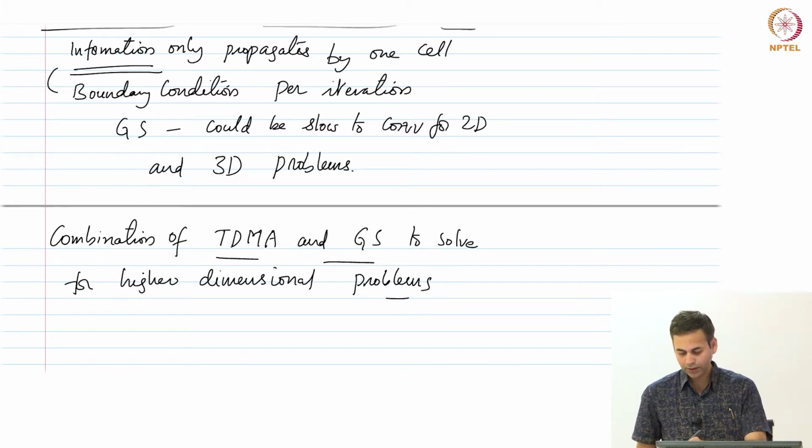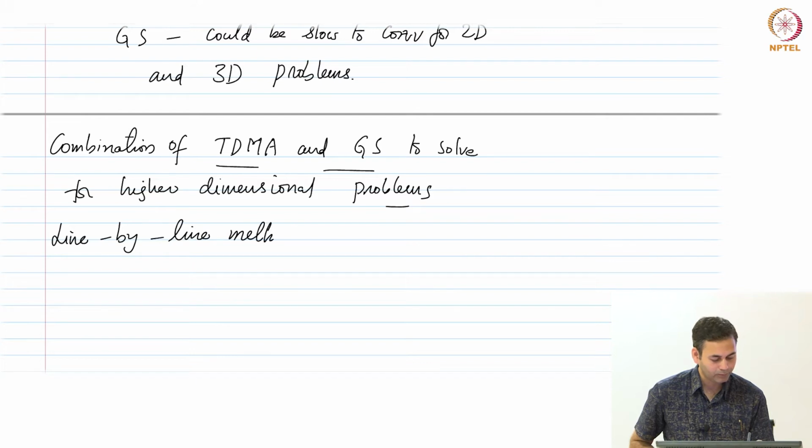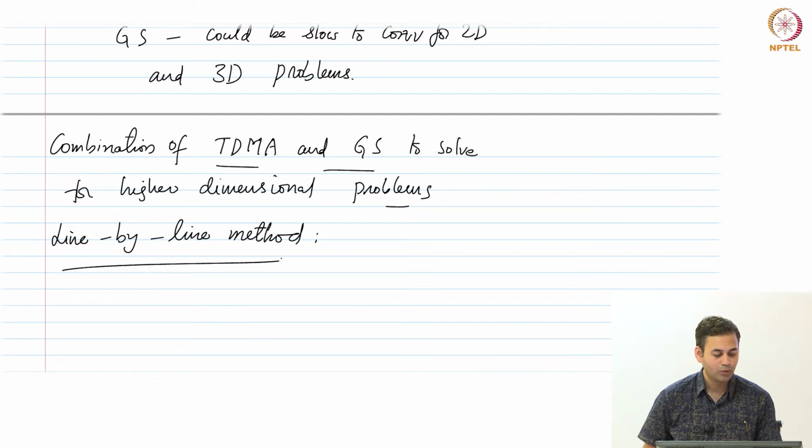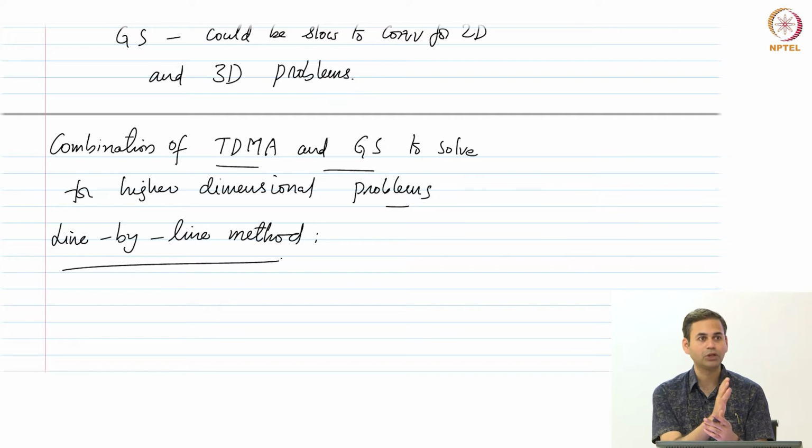So, what we do is we give it a name, we call it a line by line method. Okay. What we mean by line is basically we choose one particular line and then solve TDMA along that line, thinking that that is a 1D problem, but with the coefficients taken from the 2D discretization, okay, and then we move on to the next line and so on until we finish all the lines in the particular 2D domain, okay.